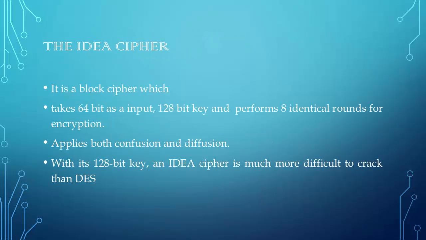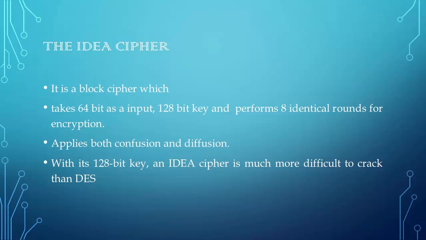Next, we have the International Data Encryption Algorithm cipher, or IDEA cipher. This is a symmetric block cipher which takes 64 bits as an input, a 128-bit key, and performs 8 identical rounds of encryption in which 6 different subkeys are used and 4 keys are used for output transformation.